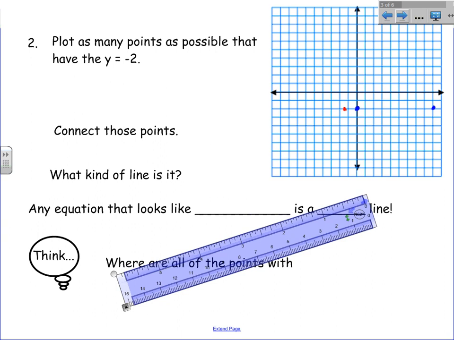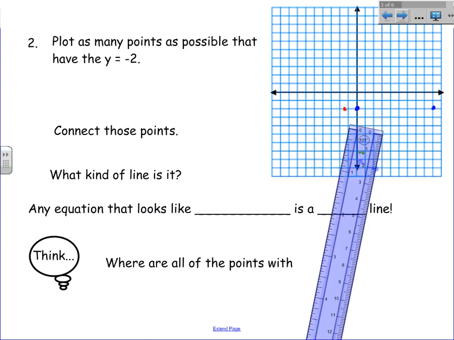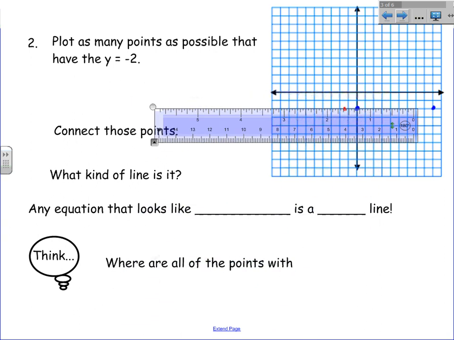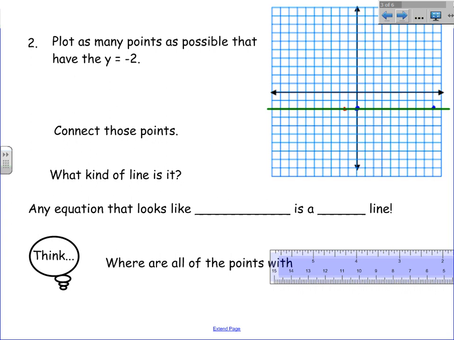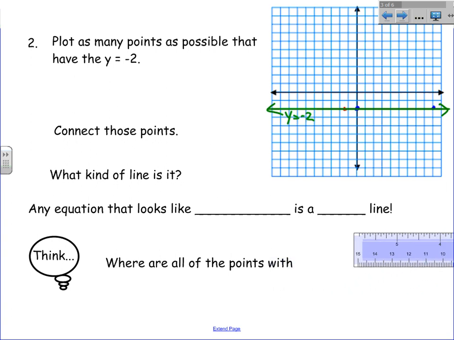So go ahead and take your ruler and draw it in. Make it a good line, arrows on both sides. Label it with the equation. All right.